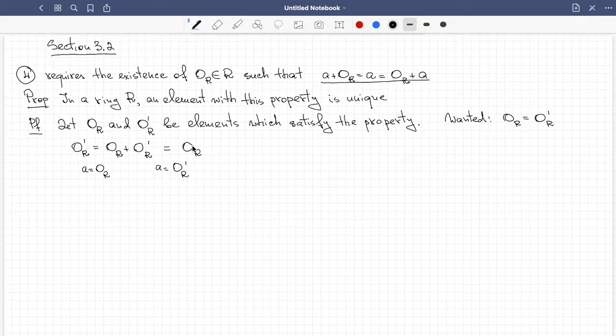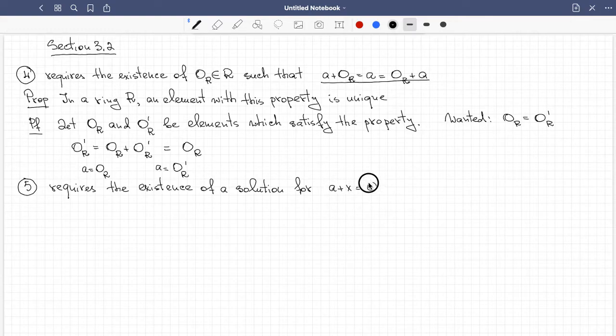So, property 5 in the definition requires the existence of a solution for the equation A plus x equals 0_R in the ring R. So again, the question is the same.